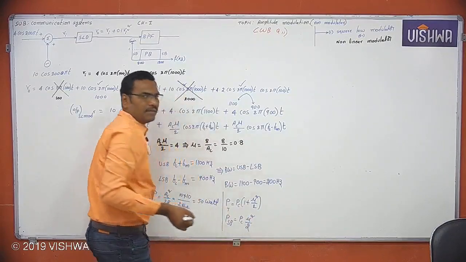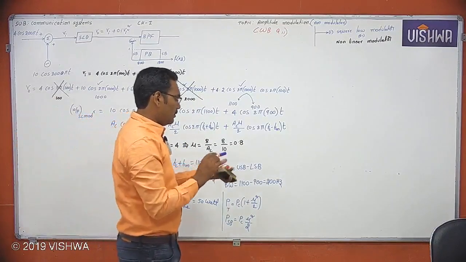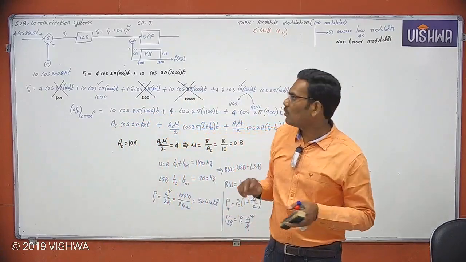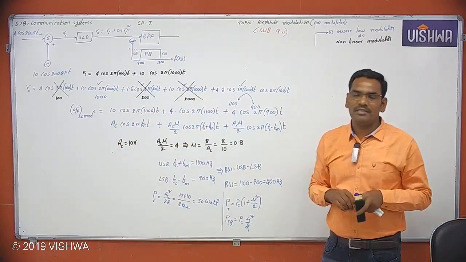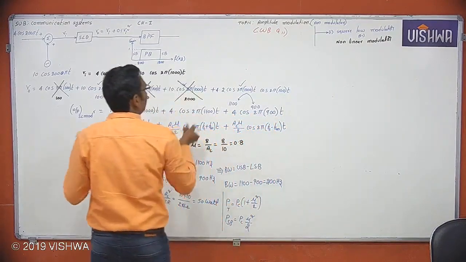All parameters are available, you can easily calculate it. Note this. Now students ask, sir, in the GATE examination for 1 or 2 marks, such lengthy calculations are difficult. Yes, you are right, this is difficult.